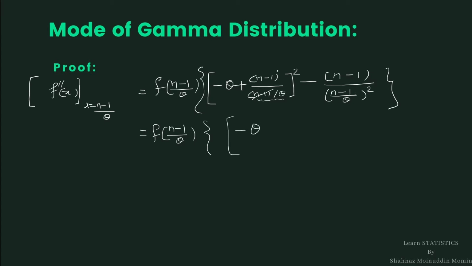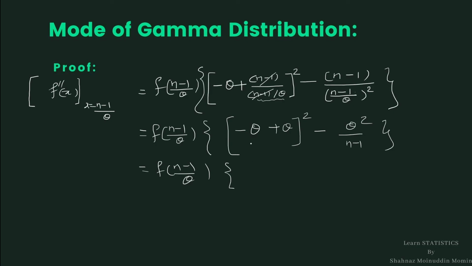Here n minus 1 gets cancelled with n minus 1, so it is plus theta square, minus 1, n minus 1 factor gets cancelled from the denominator n minus 1 factor, so it is theta square divided by n minus 1, which is equal to f of n minus 1 upon theta into bracket.